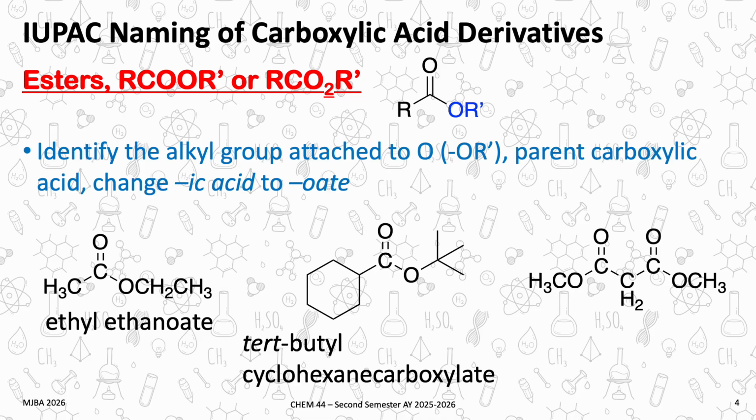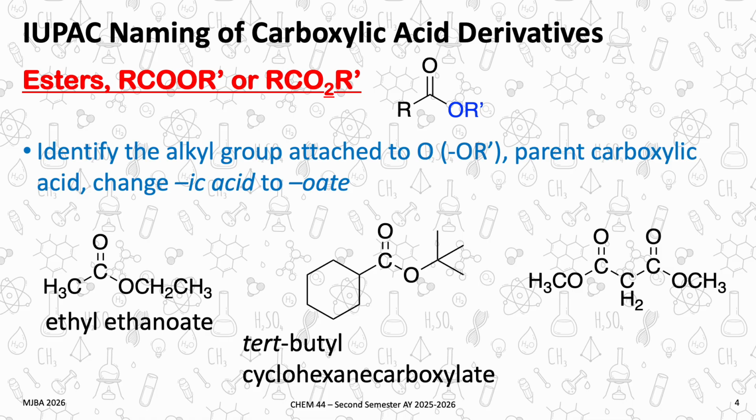So we're going to name the ester as tert-butyl cyclohexane carboxylate. In this case, we're not really replacing ic acid with ate, but instead just changing it to ate. So this is not carboxyloate, it's just carboxylate.